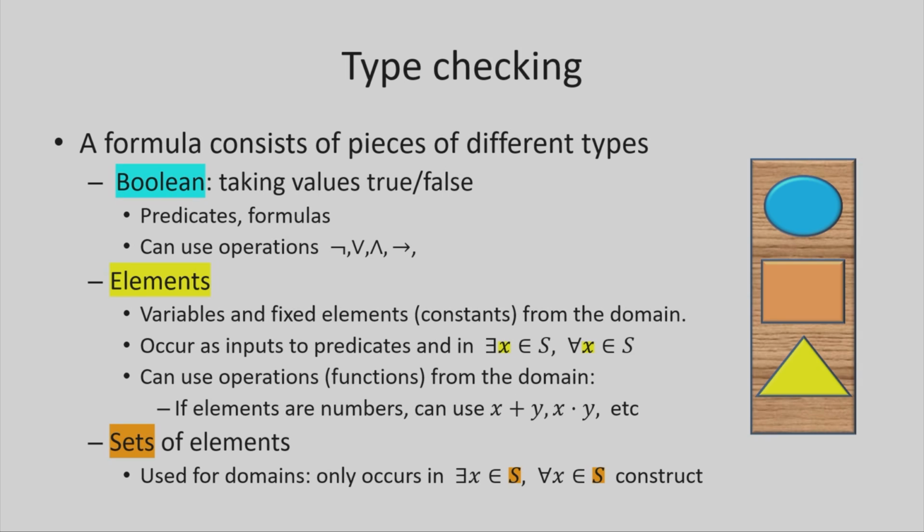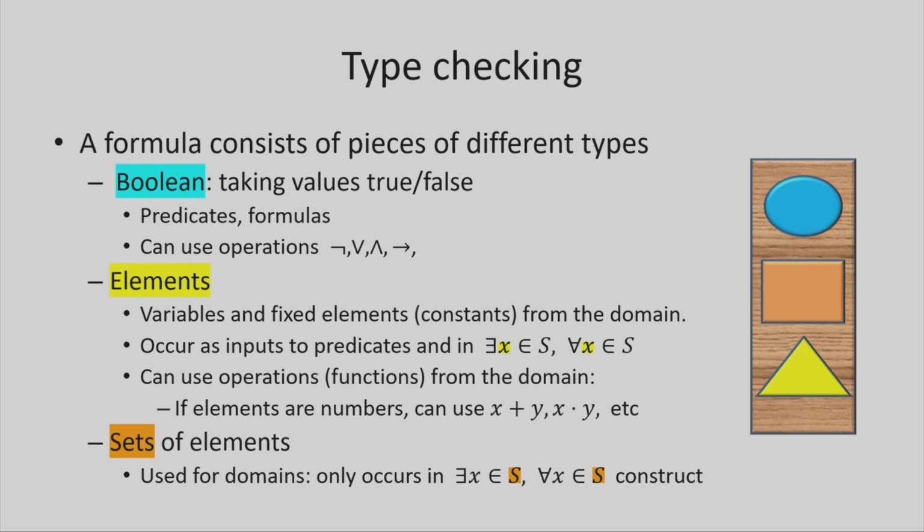A completely different thing is elements from the domain. So if Booleans are things that are true, false, elements from the domain are, well, depending on the domain, it can be numbers, it can be people, it can be all sorts of things. And where you will see things that are of type element is in predicate logic as input to predicates and inside of the quantifier construction. So what can you do with those element type things?